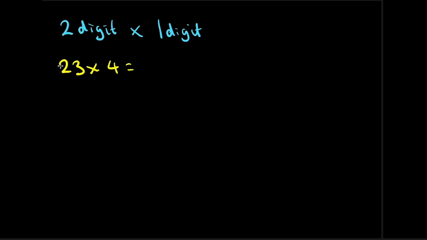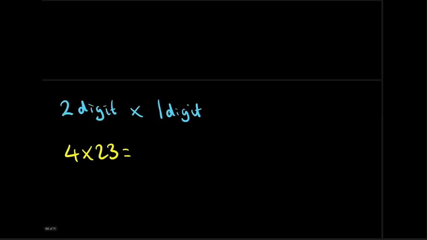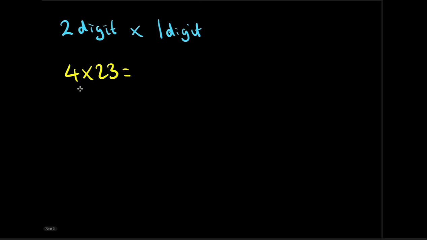Actually, no, I'll do it the other way, 4 times 23. Unlike last method, we can't write out 23 lots of 4. So we have a shortcut method. We do 23, then we put a small times symbol here, then 4.